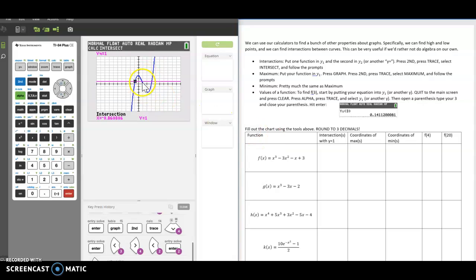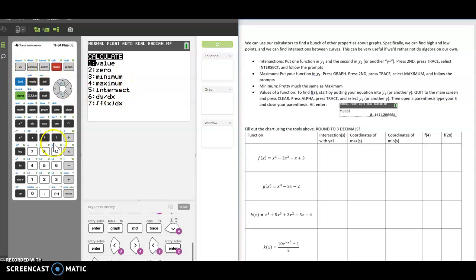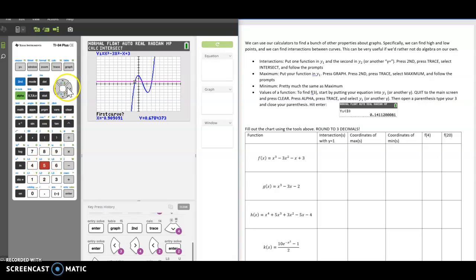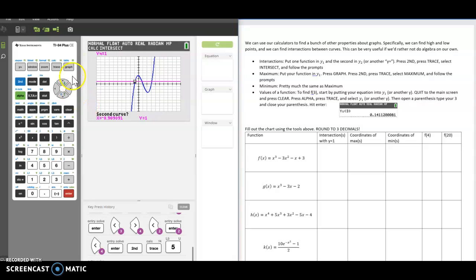To do the next one, I have to find this intersection. I've got to find all 3, remember? So I'm going to go through that process again. Second, trace, select intersect, number 5, and now it asks me, what's the first curve? I'm going to take y1, enter. Second curve, I'm going to take y4, enter.